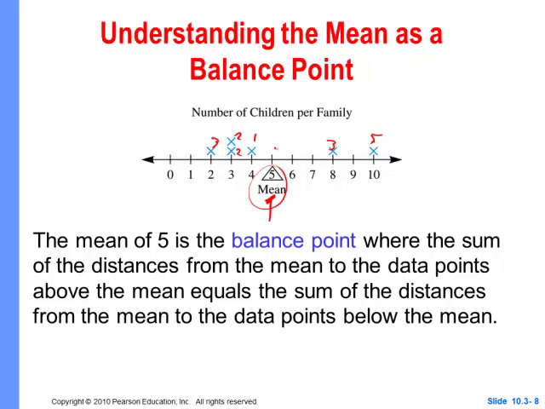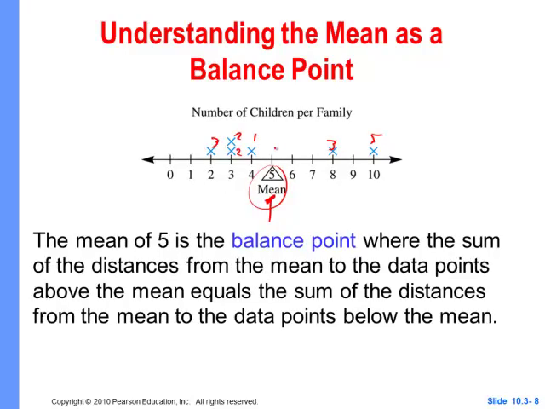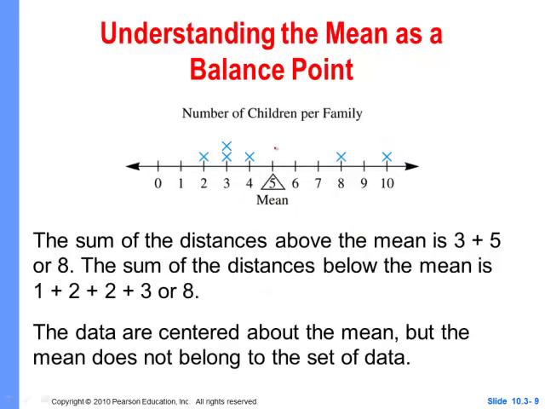Different numbers, you'll get a different setup, but not that we would ever think about mean that way, but they just want you to see how center, they really should have had it not at 5, because 5 being right in the middle. Center for average is different than center for median. So the 1 plus the 2 plus the 2 plus the 3 is 8. And the 3 plus the 5 is 8. The data are centered about the mean. The mean isn't a part of the data set, but it could be. They don't say that.